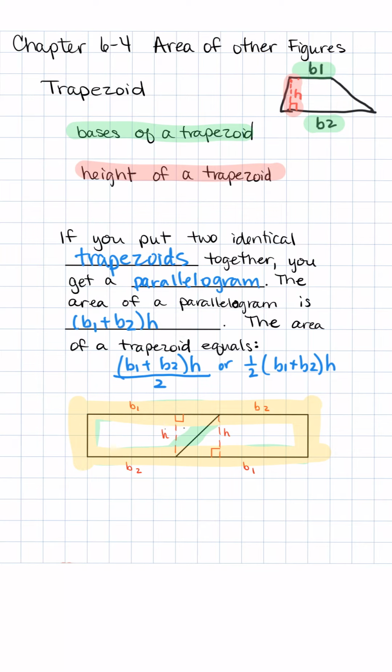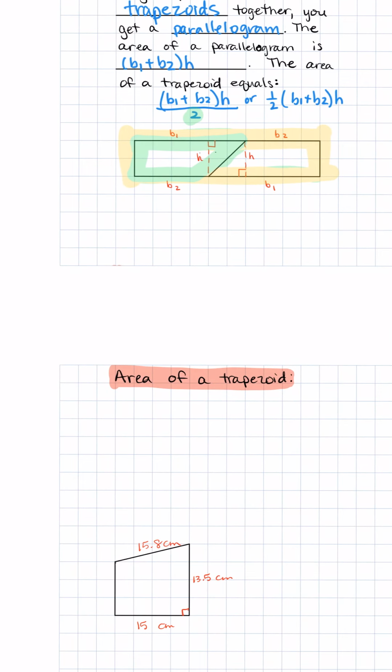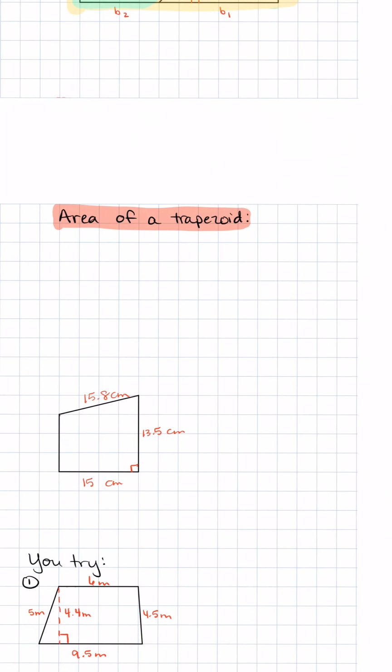But if we were to just solve the parallelogram, we still need to divide by 2 so that we're really only finding the area of the one trapezoid. So, area of a trapezoid.